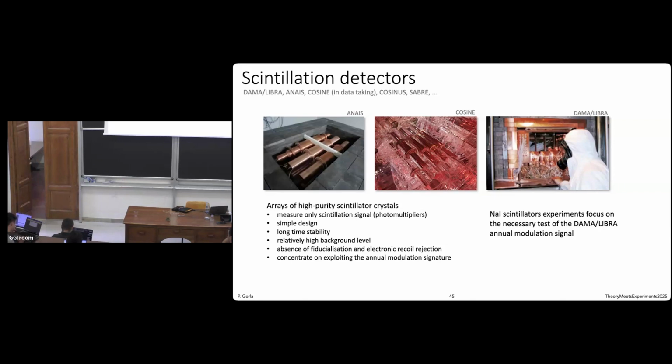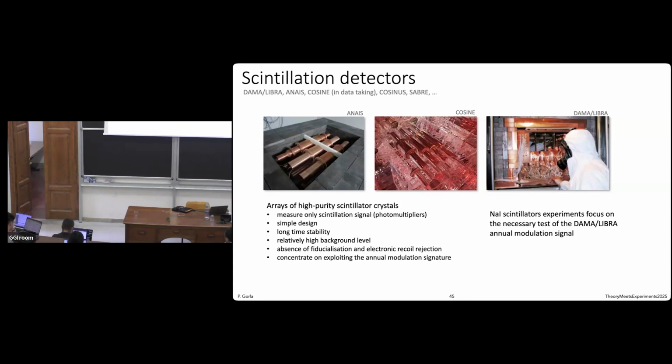So since there was no way to reproduce the signal in detectors different from sodium iodide, people started to build experiments with sodium iodide. There are a number of experiments all around: ANAIS in Spain in Canfranc Lab, COSINE in Korea, at Yangyang Lab, and now the new Korean underground laboratory.